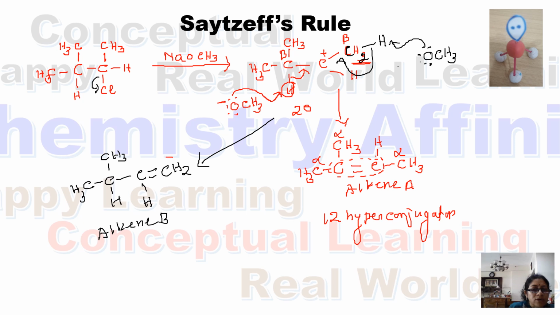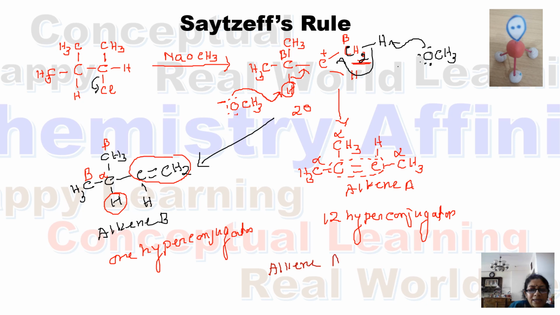Now in the second one, this is the alkene, so this is the alpha carbon, these two are beta carbons, so it has only 1 alpha hydrogen, so 1 hyperconjugation structure. So more hyperconjugation structures means more stable, so that's why alkene A is more stable than alkene B, so alkene A will be the major product.